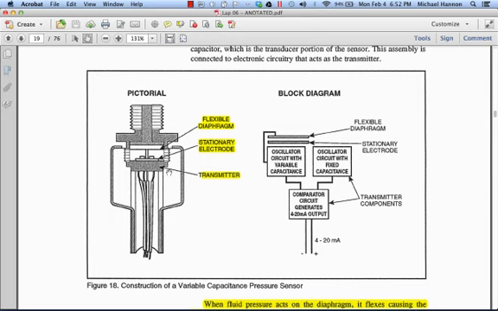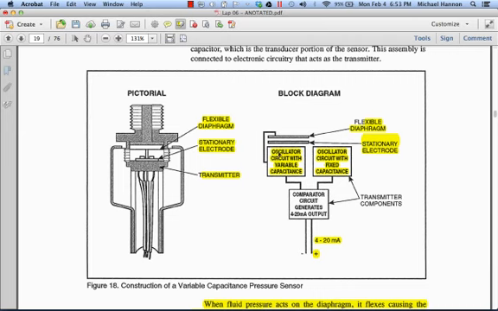Moving on forward, I want to show you what's inside that pressure sensor. Inside there you have the circuitry for the transmitter. You have the flexible diaphragm here, and then you have a stationary electrode. You have two oscillator circuits in this system. Even though it's not depicted completely, it does show you the flexible diaphragm. It does a comparison between the flexible diaphragm and the stationary electrode.